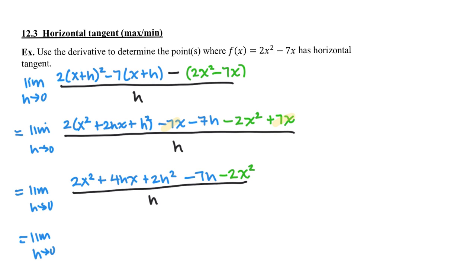Okay, now let me look at this. Okay, 2x squared minus 2x squared, that cancels. So I still have the 4hx plus the 2h squared minus 7h all over h. So I'm gonna go ahead and factor out an h and simplify it so I can substitute the h as 0.